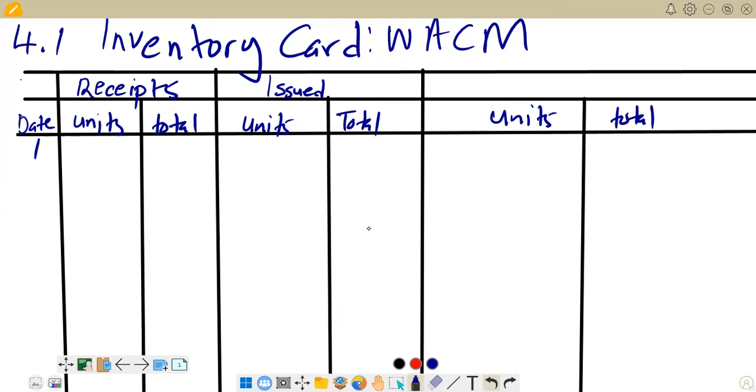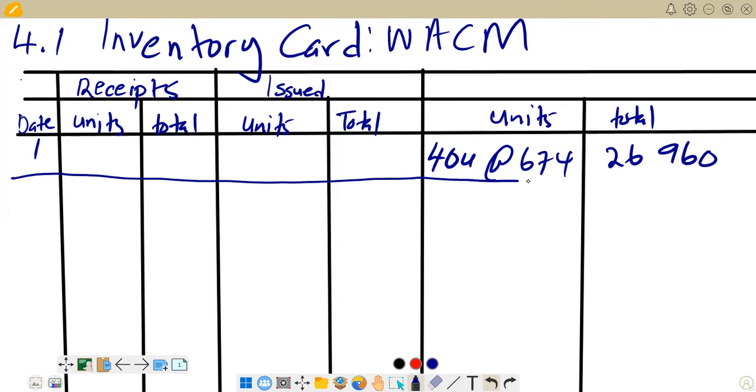So in this case, we have got 40 units, and we are valuing them at the answer that we got, which was 674, and the total that we have there is 26,960. This is on 1 March 2020. So we can just close it so that we have some demarcation there.